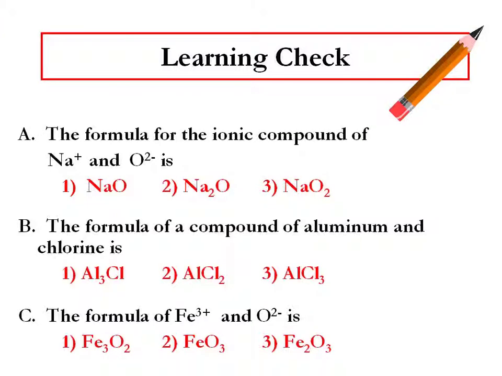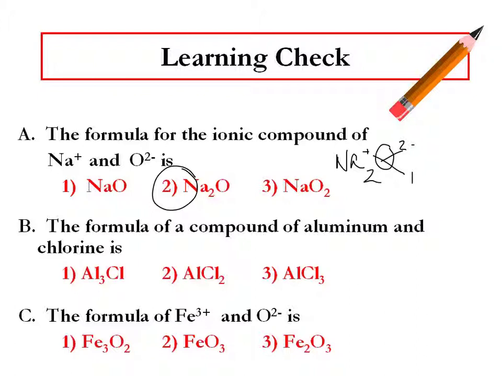All right, let's do a couple examples of these together. For the formula of the ionic compound of sodium and oxygen, we've got sodium +1 and oxygen 2-. If we do the crisscross method, that gives us Na2O. That'd be number 2.